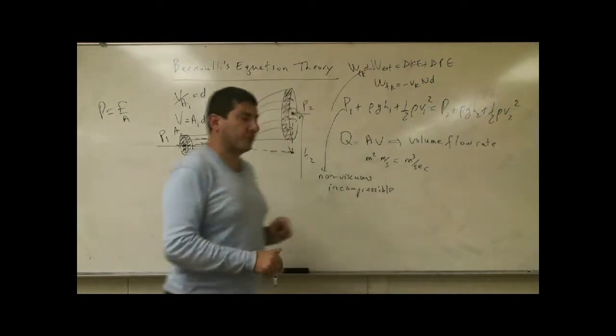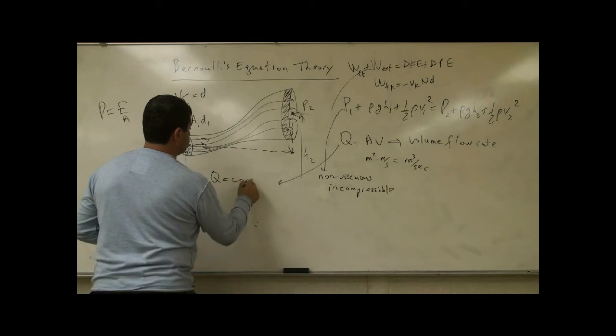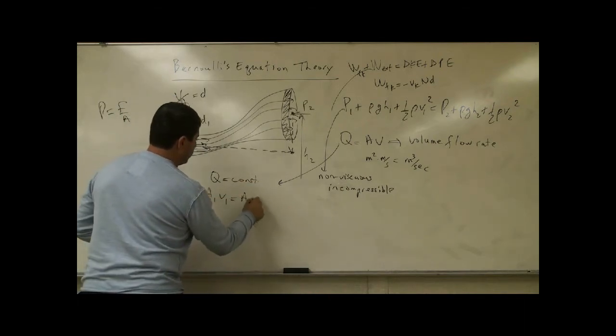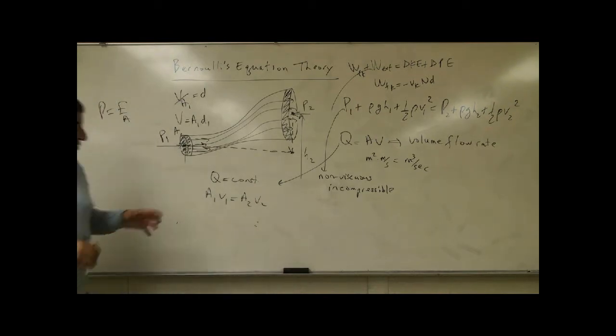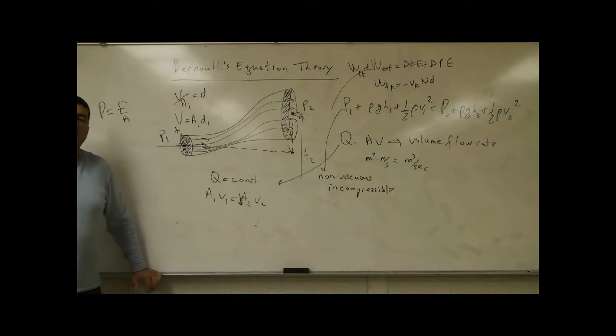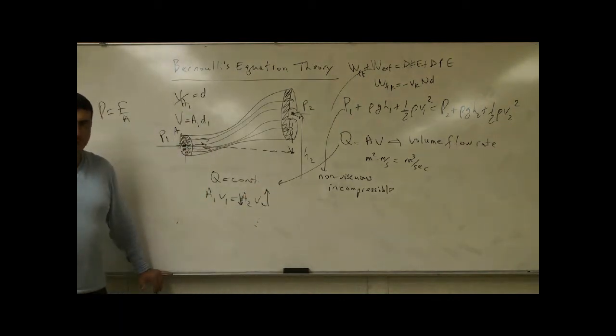So for incompressible fluid, what is true? Q is constant. A1 V1 is equal to A2 V2, okay? So when you try to make the fluid area smaller, what happens to it? Its velocity goes up, right?